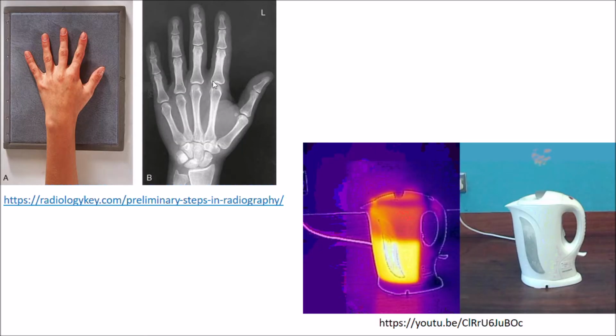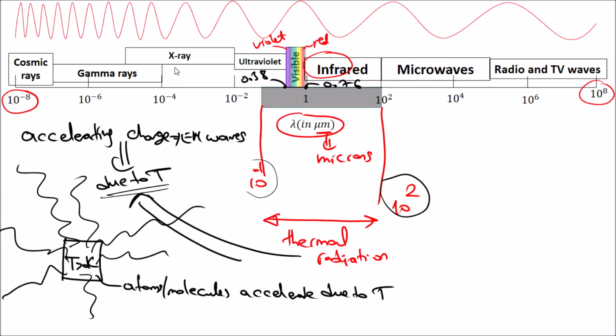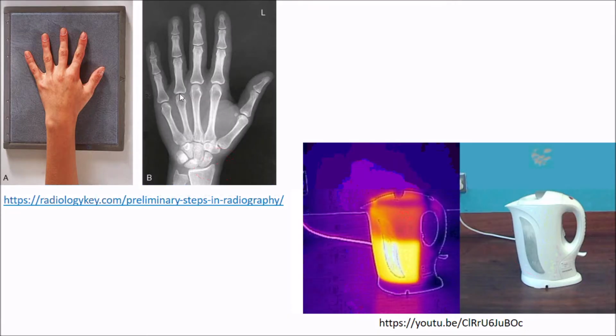So if you go back to the X-ray, another important thing about thermal radiation is that, very similar to the X-ray picture of our hands, we can take a thermal image of an object, because if the temperature is greater than 0 Kelvin, there is always thermal radiation. For thermal radiation, a temperature greater than 0 Kelvin is enough.